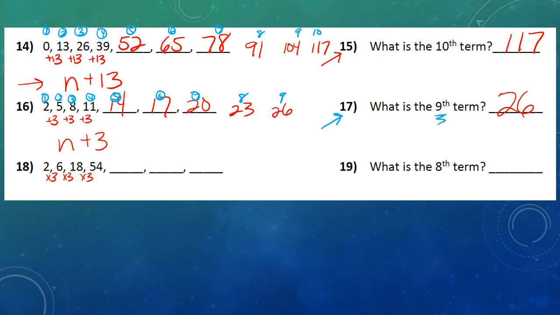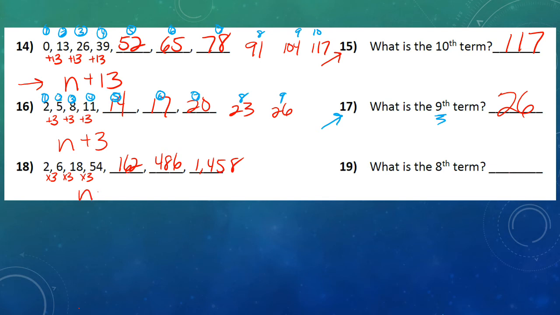So 54 times 3 gives us 162. And then let's keep 162 in your calculator. Just hit times 3. That is going to give us 486. Times 3 gives us 1,458.